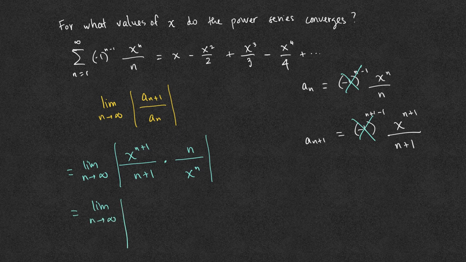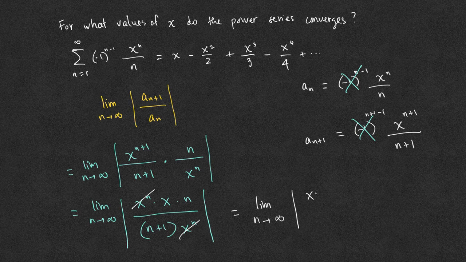The numerator is x^n times x times n. The denominator is n plus 1 times x^n, so that we can cancel x^n out. After we cancel out x^n, we have the limit as n goes to infinity of the absolute value of xn over n plus 1. But this limit only depends on n, so we factor out the absolute value of x.